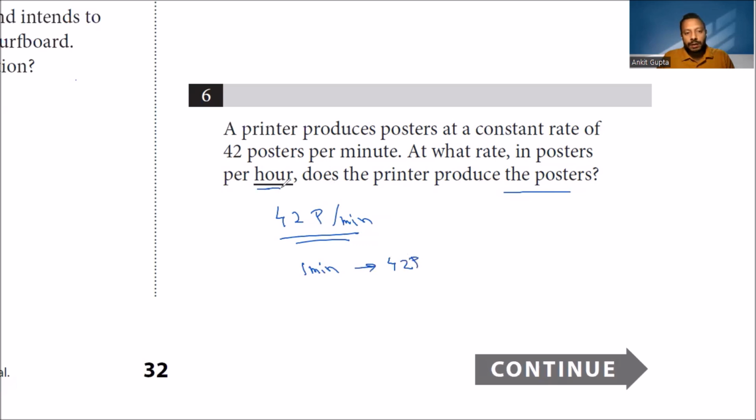So how many posters will it print in 1 hour? And 1 hour has 60 minutes. So in 60 minutes it is going to print 42 multiplied by 60 posters, which is equal to 2520 posters per hour. So it will be able to print 2520 posters per hour.